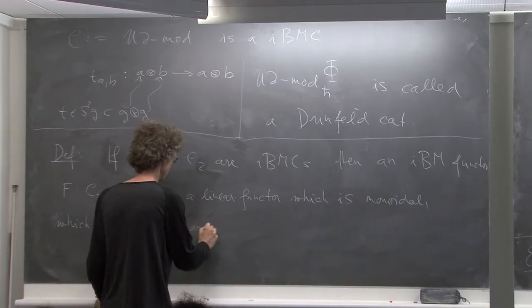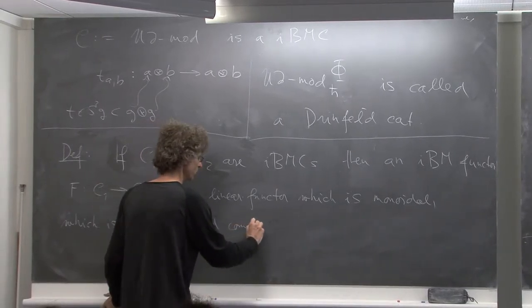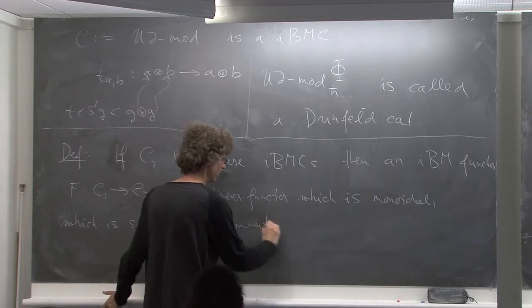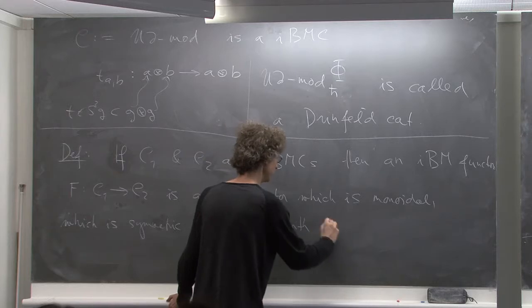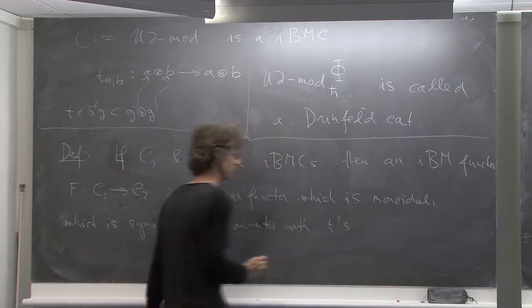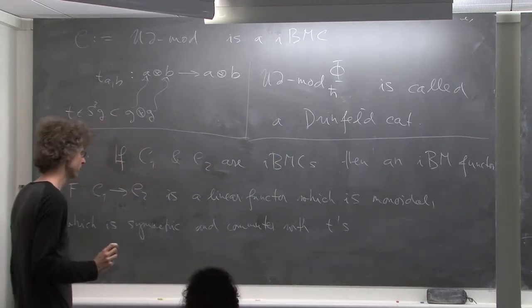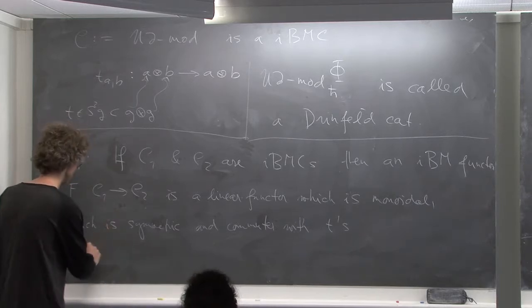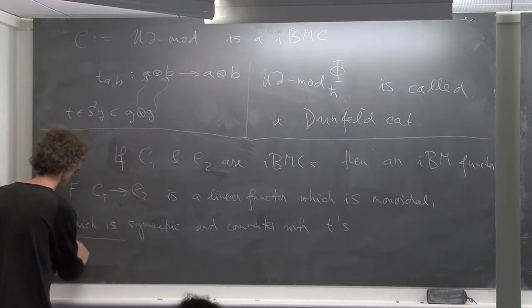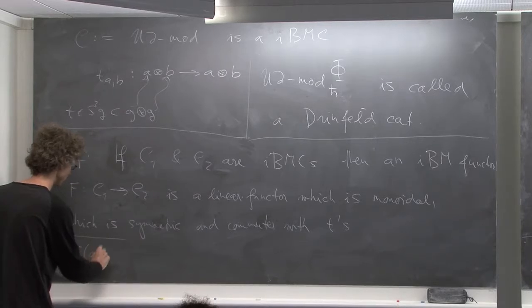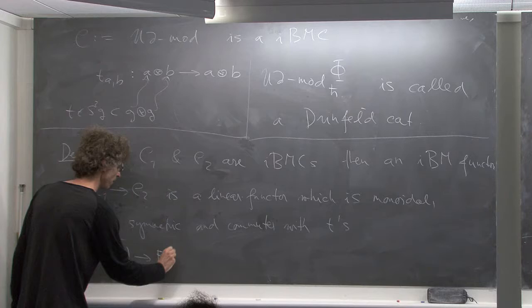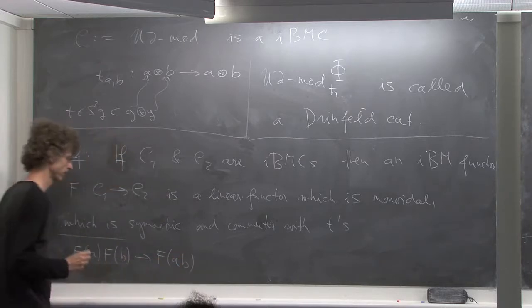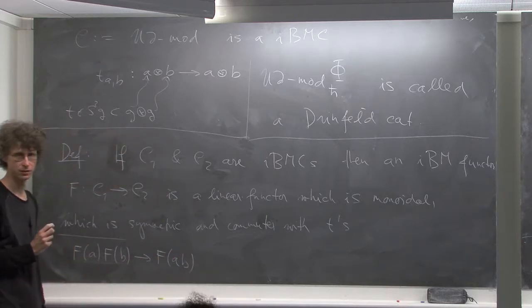Symmetric and commutes with T's. So what does it mean precisely? Well, monoidal means that we go from FA times FB to F of AB, something like that.